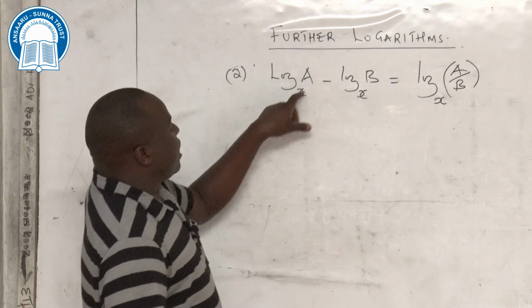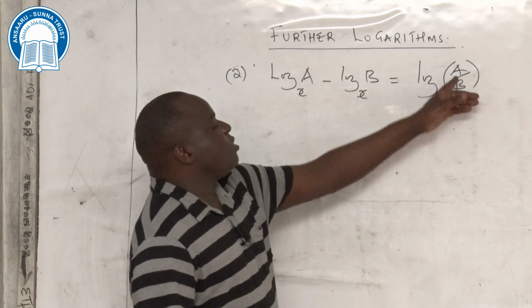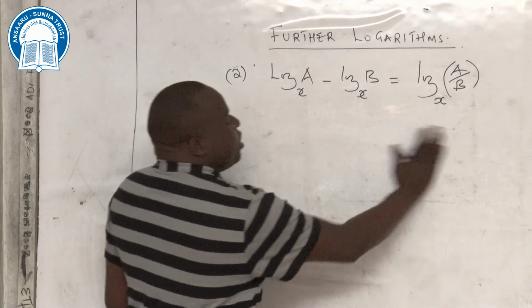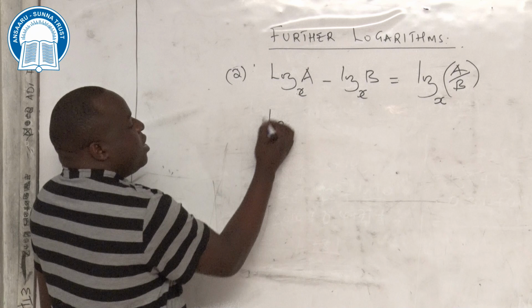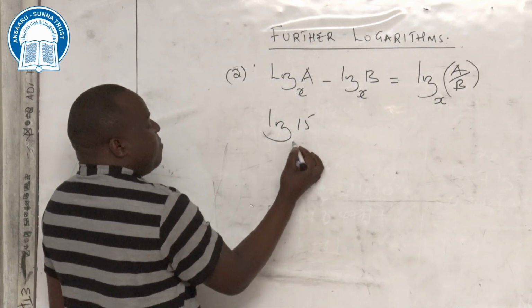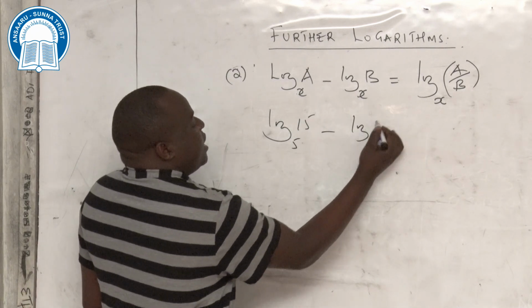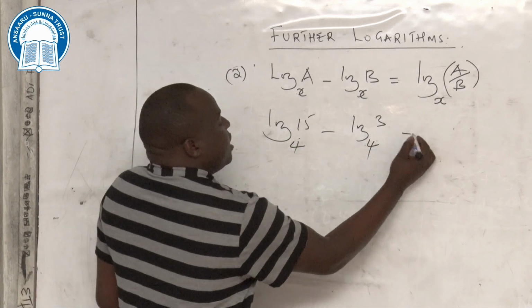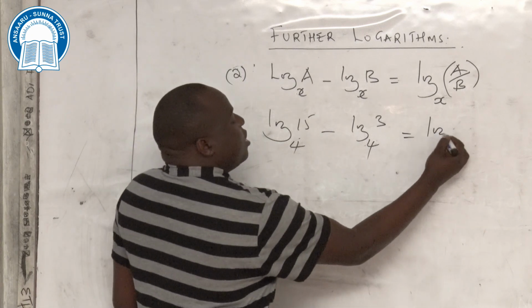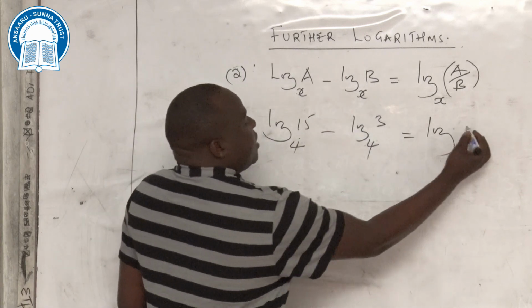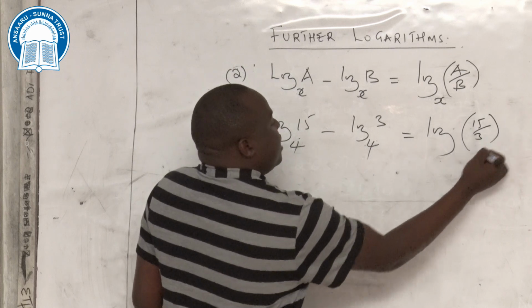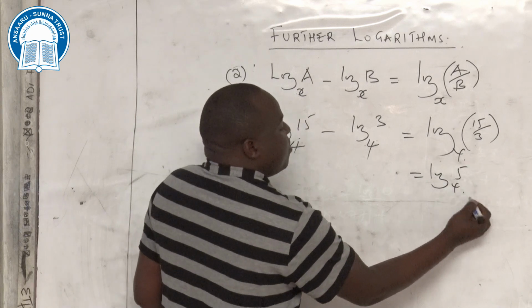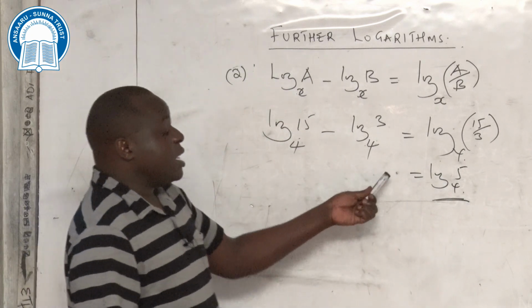So that's why log A base x minus log B base x equals A divided by B. In a simple question to explain this, if I had log 15 base 4 minus log 3 base 4, then base 4, the answer for this should be log, then 15 divided by 3, then base 4, which is actually the same as log 5 base 4. So that should be clear.